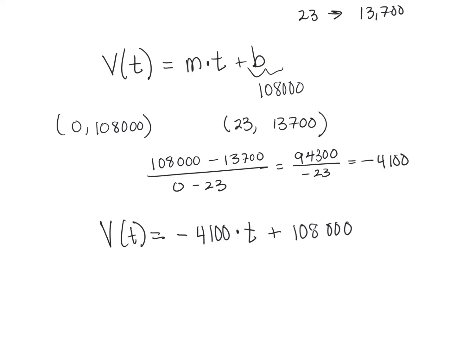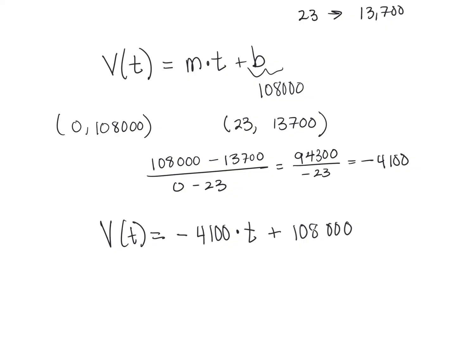And I would write the whole thing, V of t, just like that in the MyOpenMath as my answer, using t as my variable. Okay. And it says, what's the value of t in 4 years?